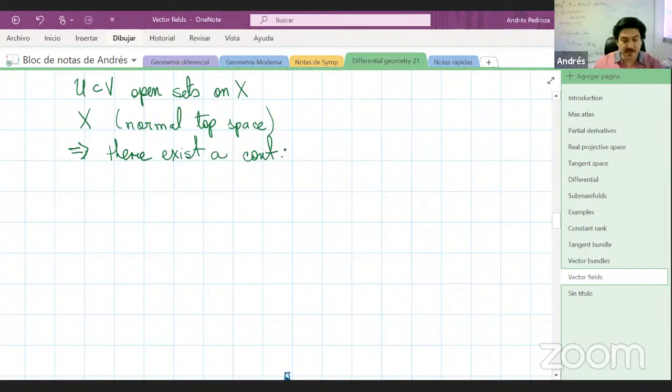You have a continuous function such that the following holds.